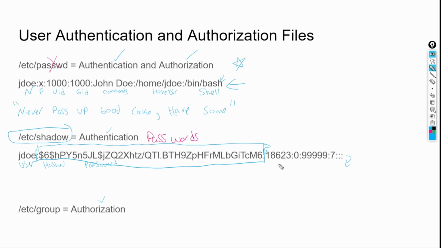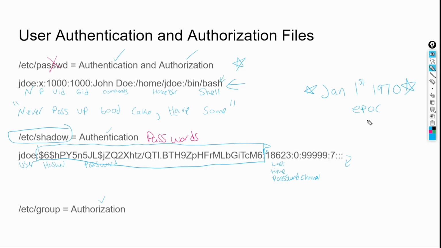The next set of colons will be the last time the password was changed. And it's actually the number of days between now and, this is an important date in Linux, January 1st, 1970. This is called Linux epoch time.